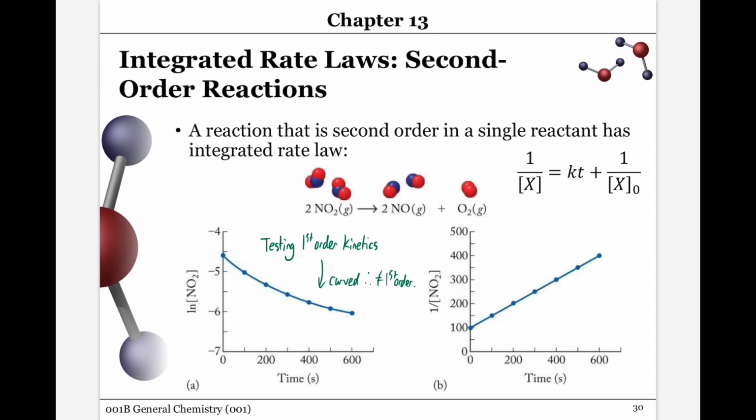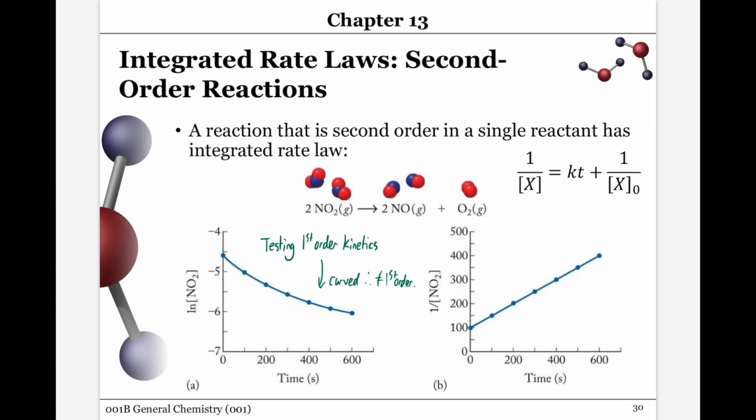In fact, this is a second order process, and the second order integrated rate law looks like this. It looks somewhat arbitrary, but it's derived in the exact same way as the first order rate law, by an integration step that again we're not going to cover in this video. But what our second order integrated rate law tells us is that 1 over the reactant concentration is equal to kt plus 1 over the initial concentration.